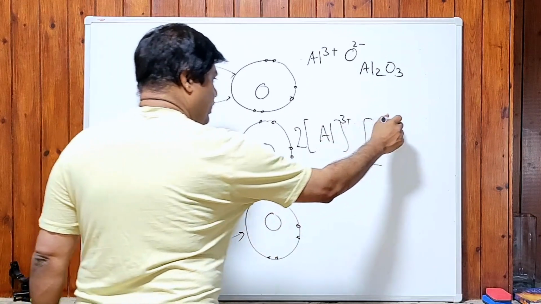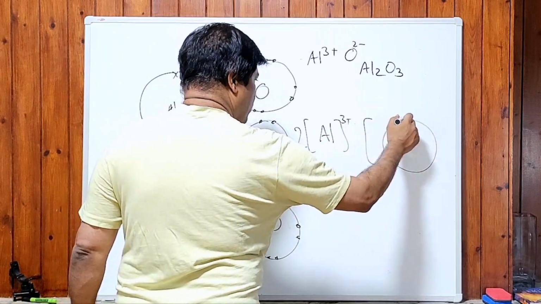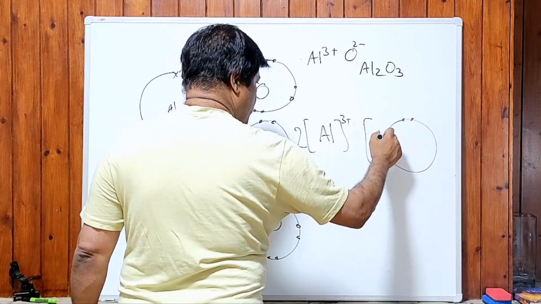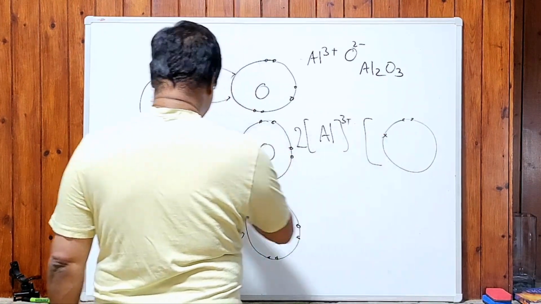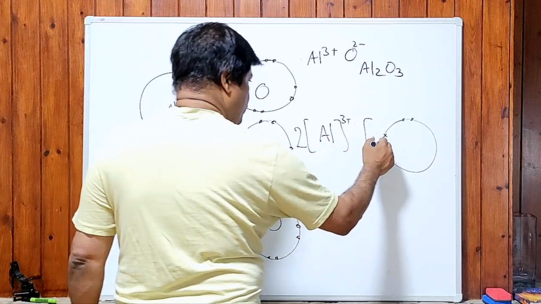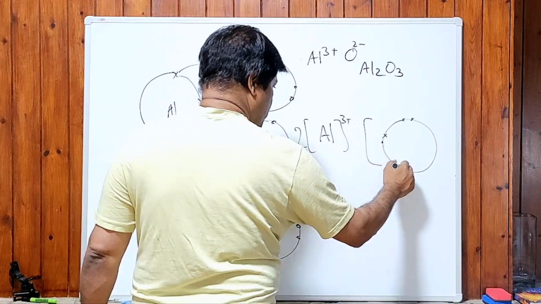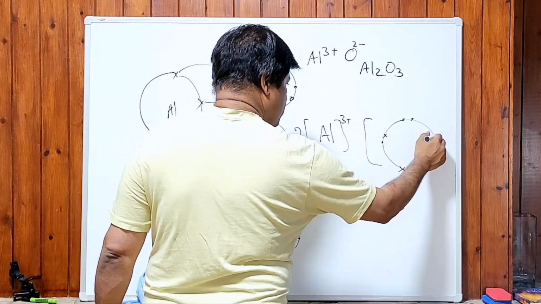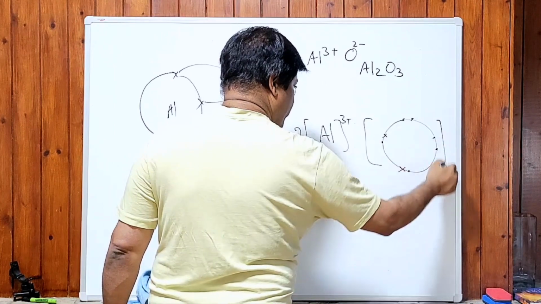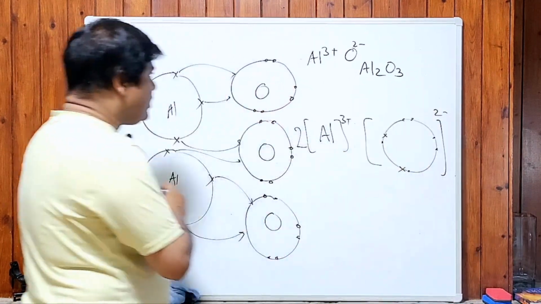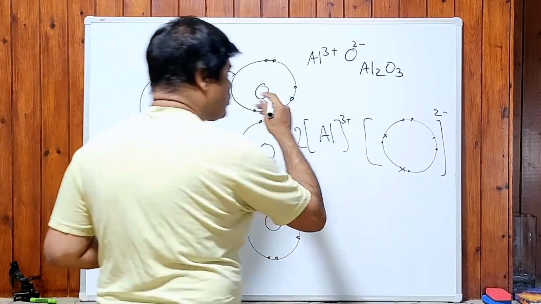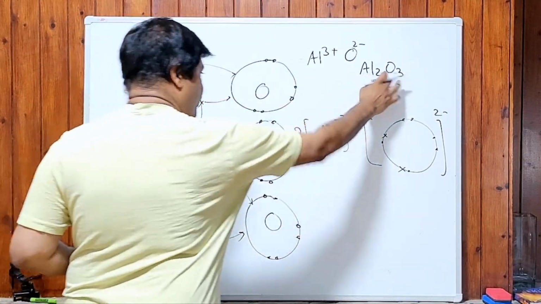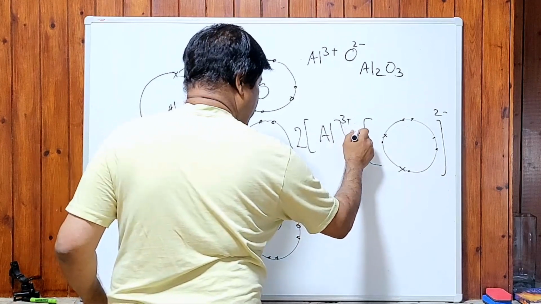Look at the oxygen: it gained 2, making 8, and 2 minus. How many oxygen atoms are there together? 3. So put 3 here.